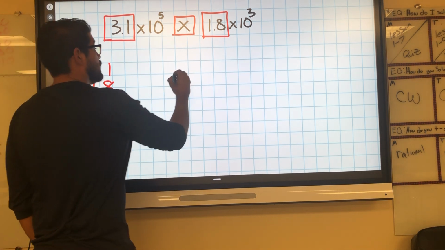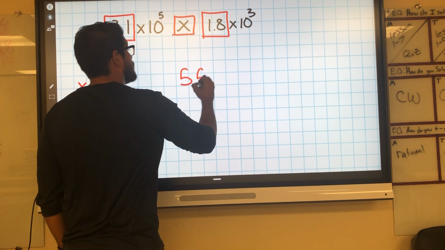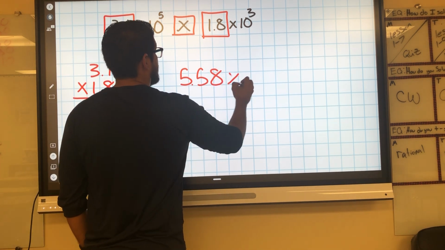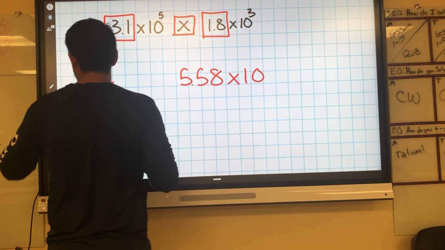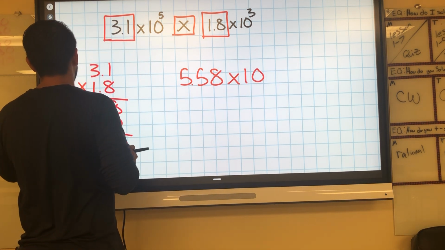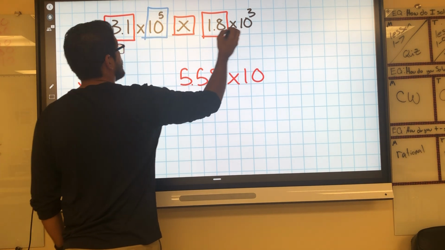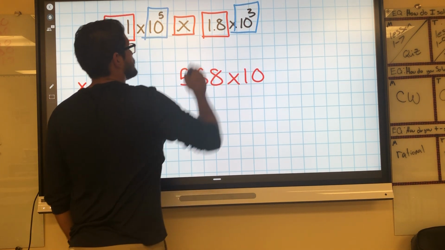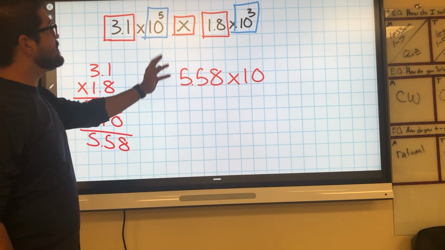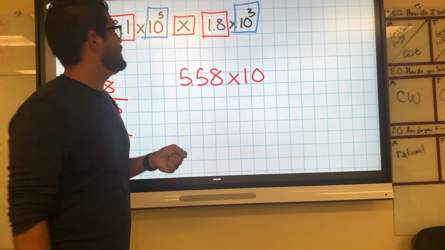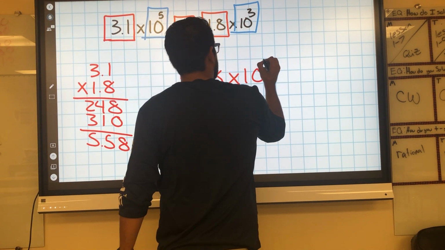So I know the first part of our thing is 5.58 times 10 to the power of, now we're looking at this. This is going to multiply with this, okay? And if you have the same base and you're multiplying, the exponents are just going to add. So it's going to be 5 and 3, and that makes 8.